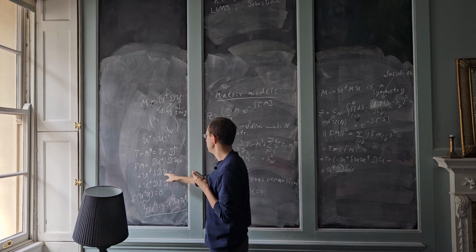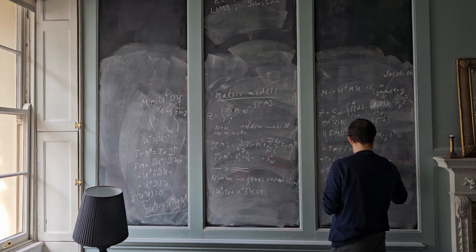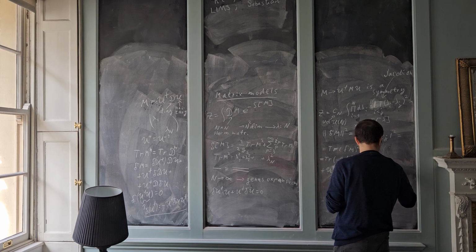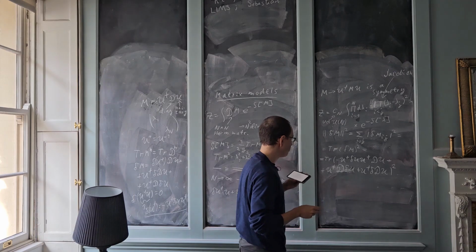And then this one, u dagger delta d u. So trace of this thing squared.